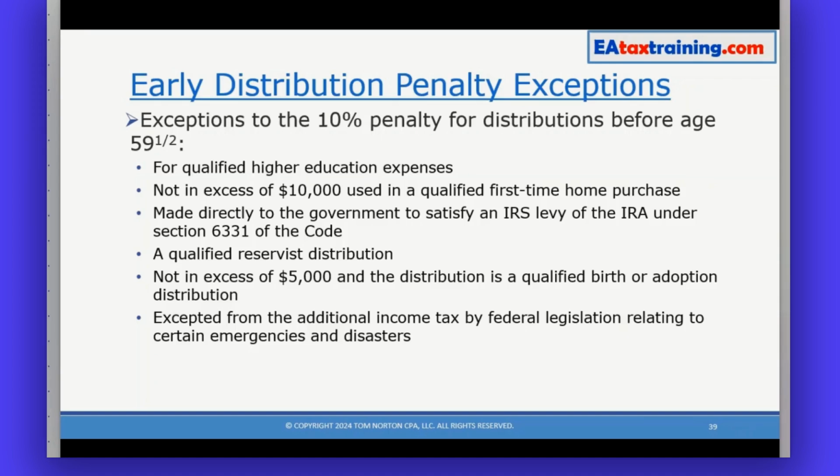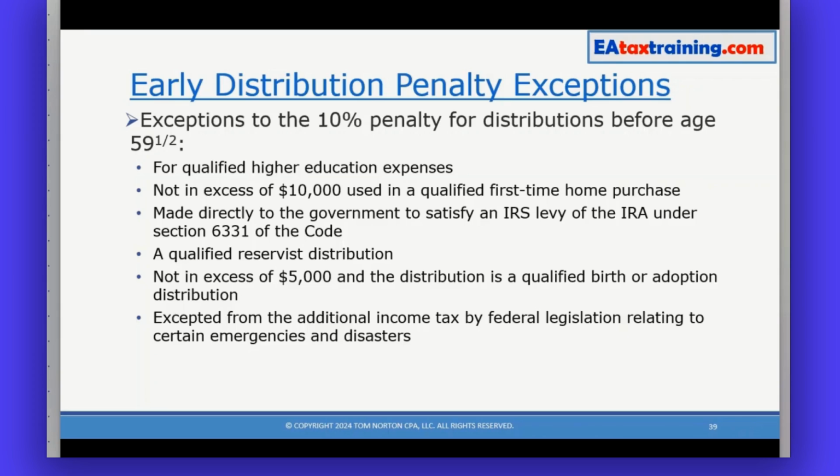there's no 10% penalty. For a qualified reservist distribution, so this is going to be a qualified distribution for members of the military reserves. Again, you don't need to know the details for the exam, just know that it is one of the exceptions. A distribution up to $5,000 for a qualified birth or adoption is not subject to the 10% penalty.